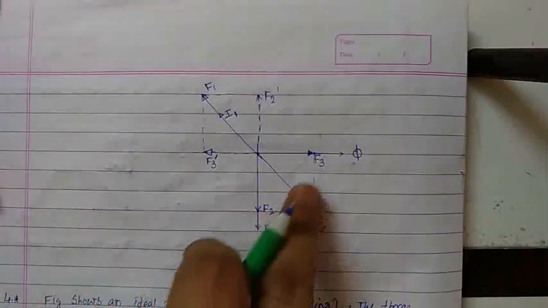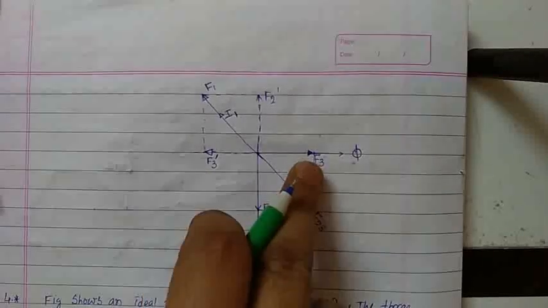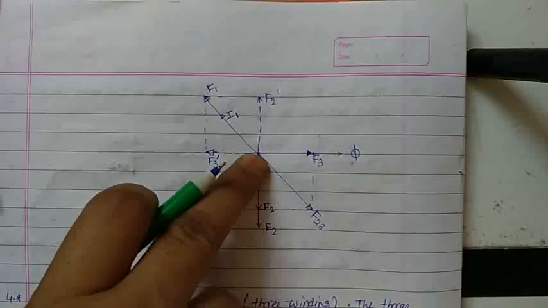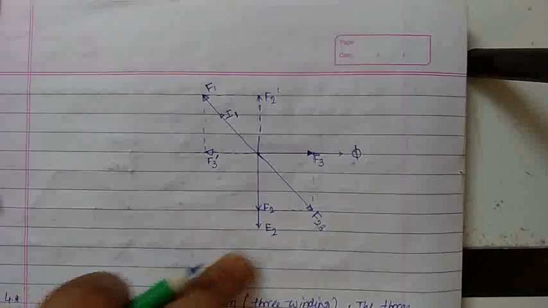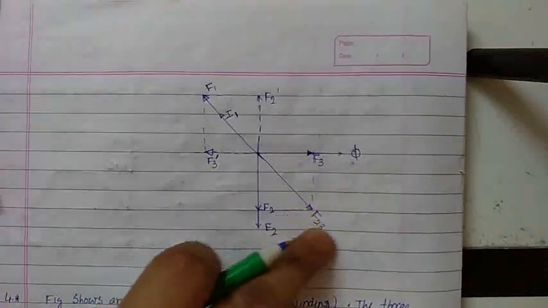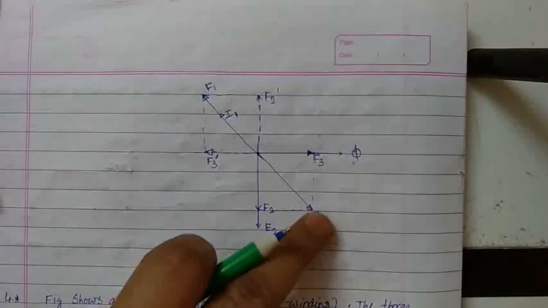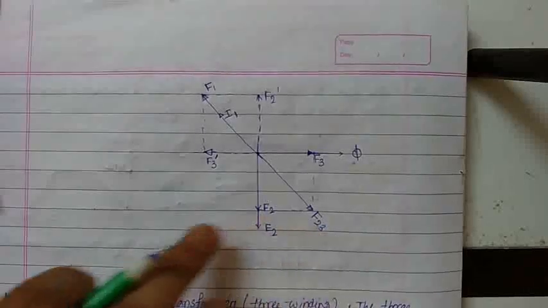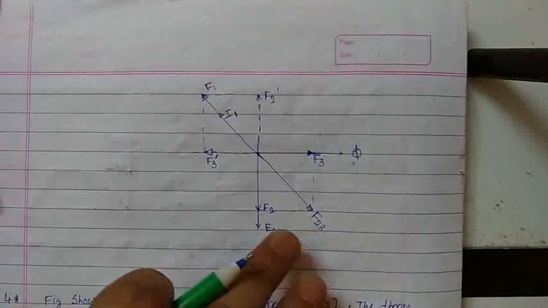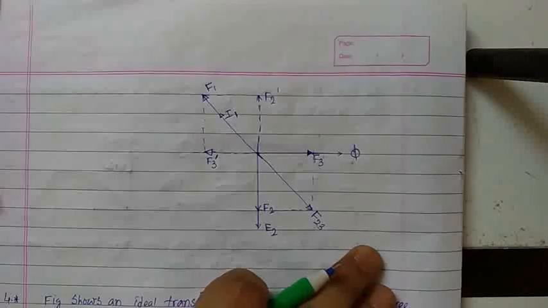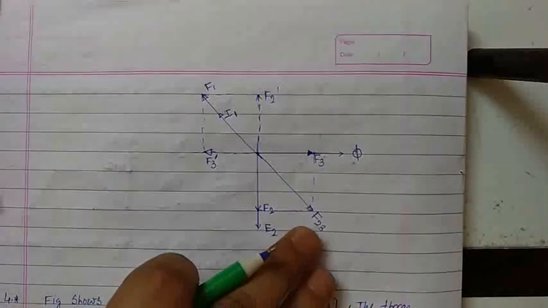Now the combination of F2 and F3 gives the resultant MMF F23. This is the resultant MMF due to the resistive and the capacitive load in the secondary and tertiary windings respectively.